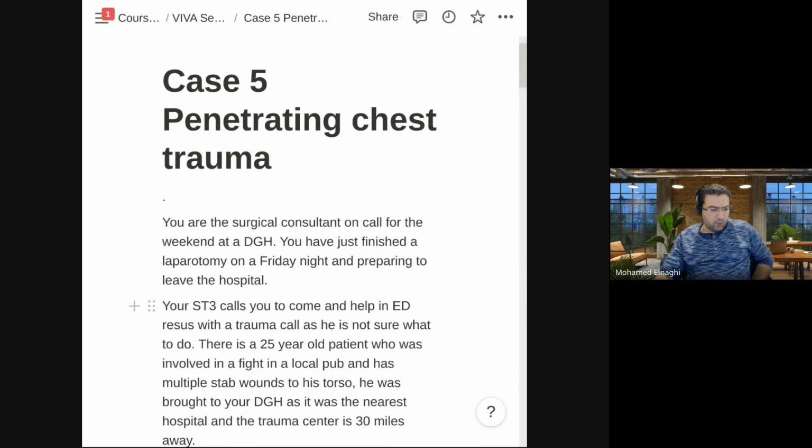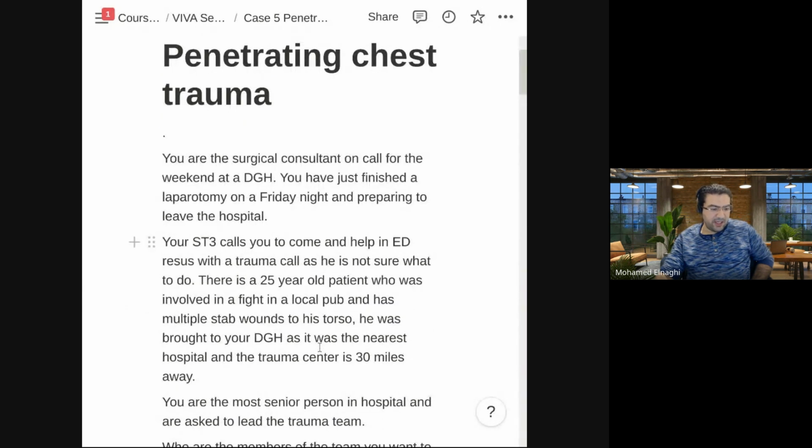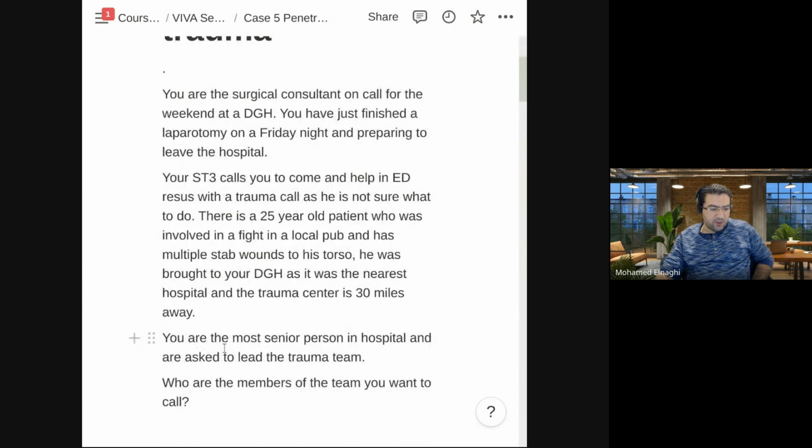He was brought to your DGH because it was the nearest hospital and the patient was unstable. The nearest trauma center is about 30 miles away. You are the most senior person in the hospital at that time, and you are asked to lead the trauma team. So who are the trauma team members that you want to call?